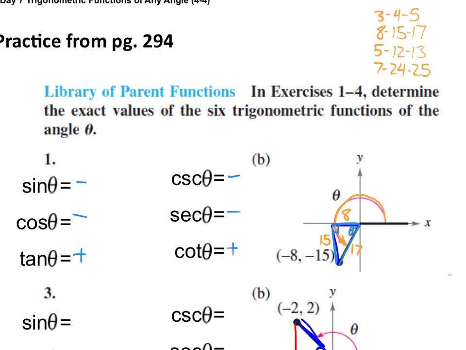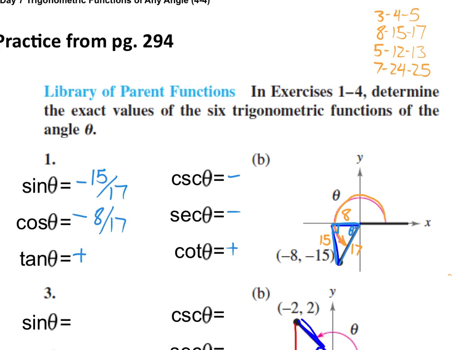What's the sine? Negative 15 over 17. What's cosine of theta? Negative 8 over 17, adjacent over hypotenuse.